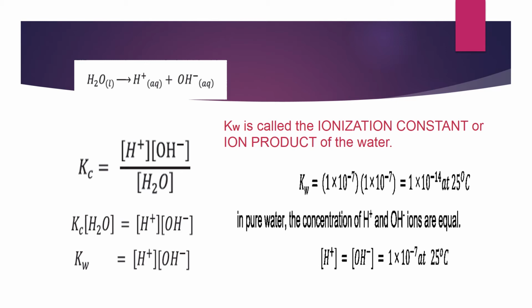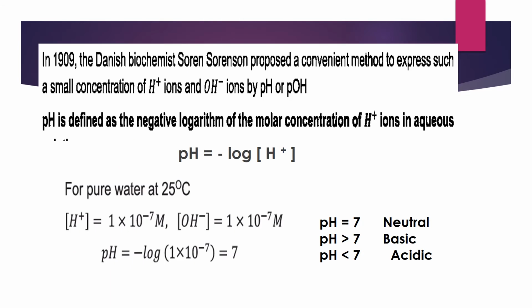This value is quite small, and it produces difficulty in calculations. So the biochemist Søren Sørensen proposed a more convenient method to express these small concentrations, called pH or pOH. Now what is this pH?